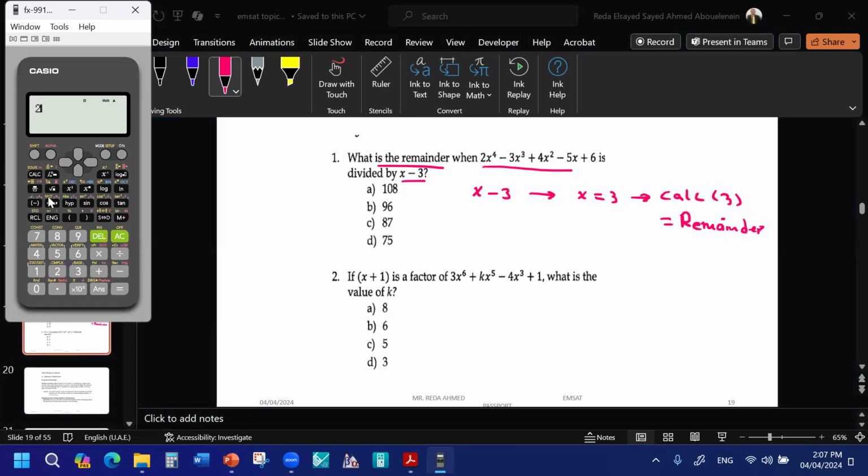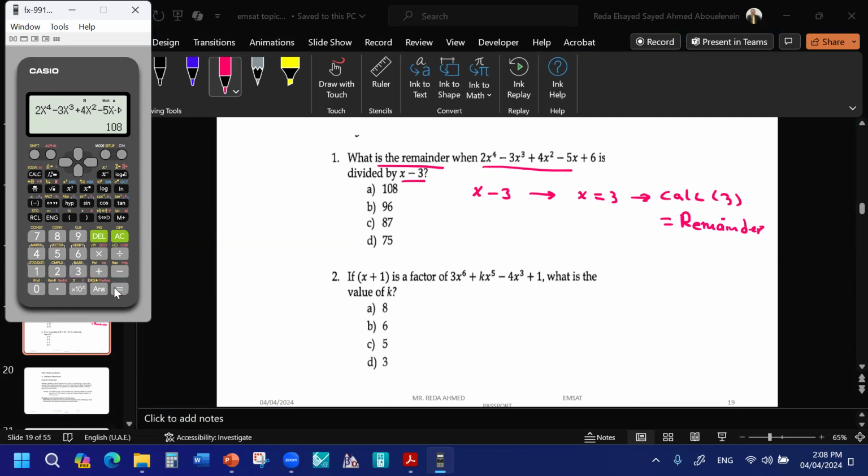Sorry, 2x to the power 4 minus 3x to the power 3 plus 4x to the power 2 minus 5x plus 6, calc 3.